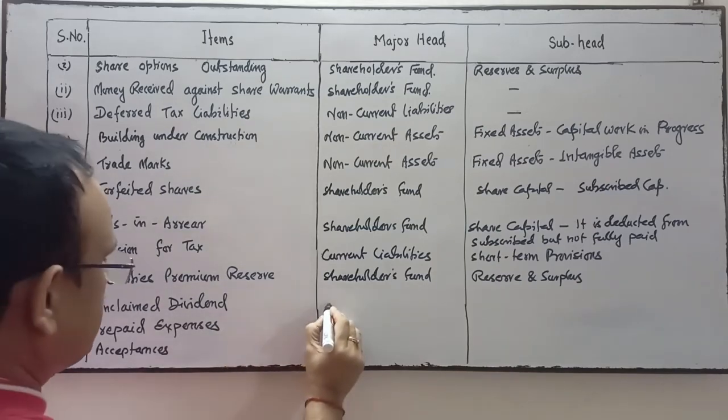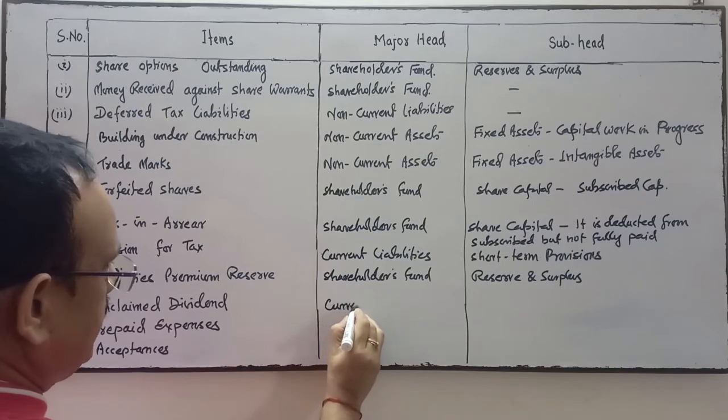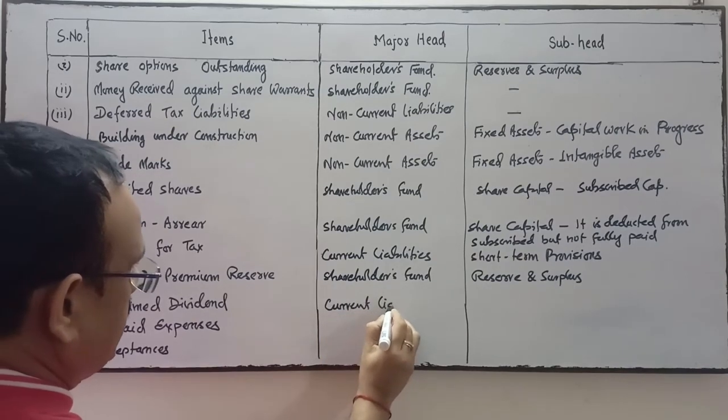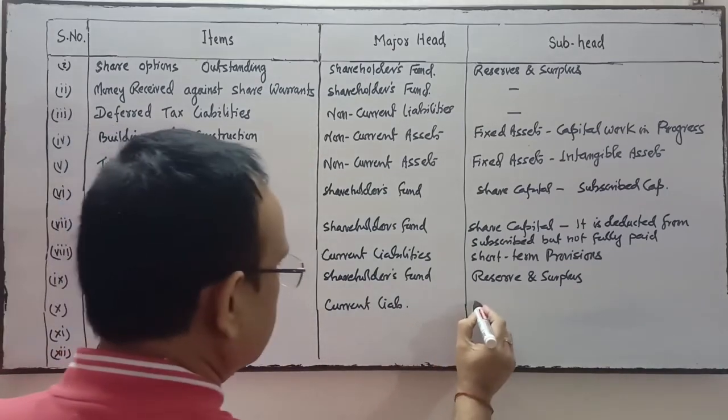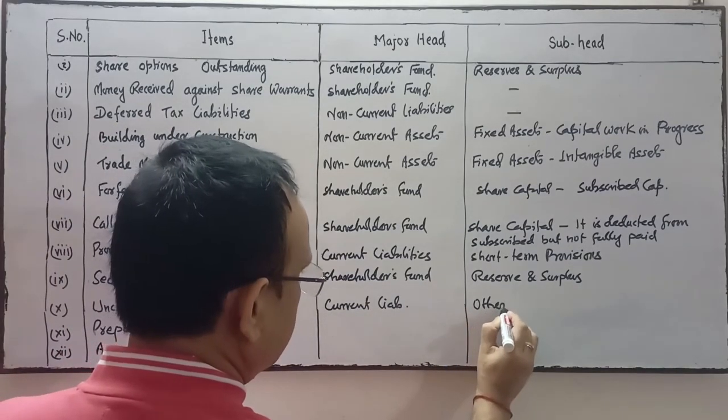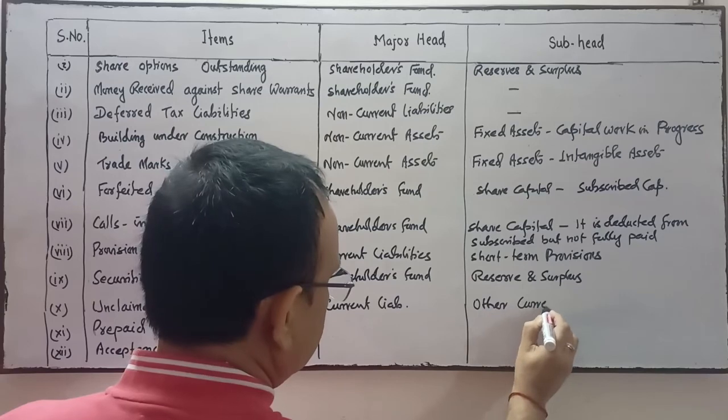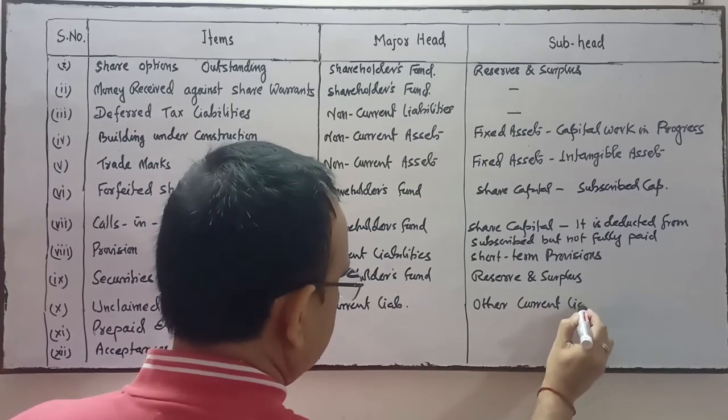Unclaimed dividend comes under the current liabilities. The heading is current liabilities, and the subheading is other current liabilities.